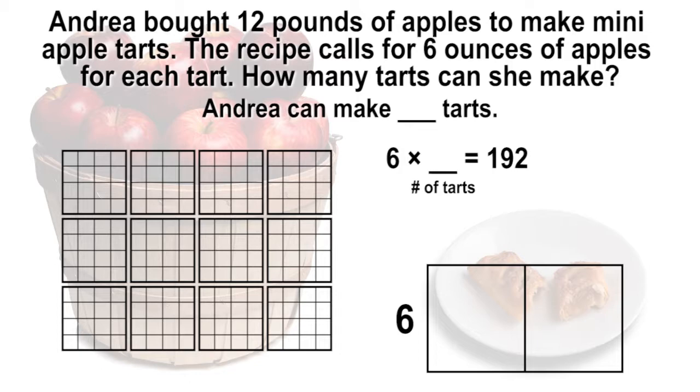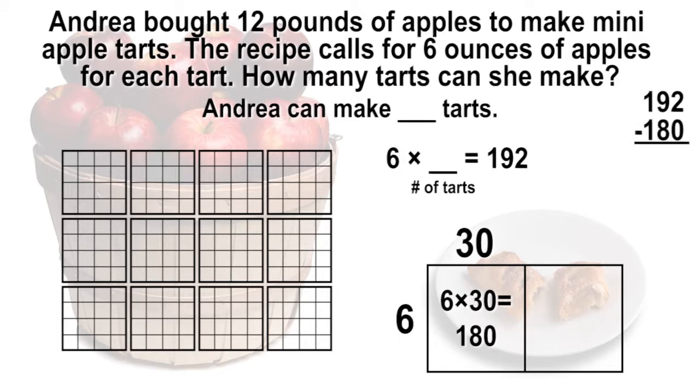Let's see. 6 times 30 would be 180. This is like saying, if Andrea makes 30 tarts, she will use 180 ounces of apples. So let's subtract 180 from 192 to see how many ounces of apples would be left to make tarts with. There are 12 ounces left.